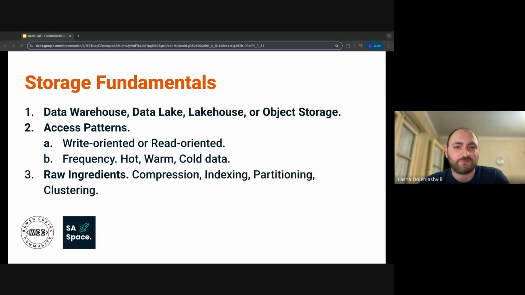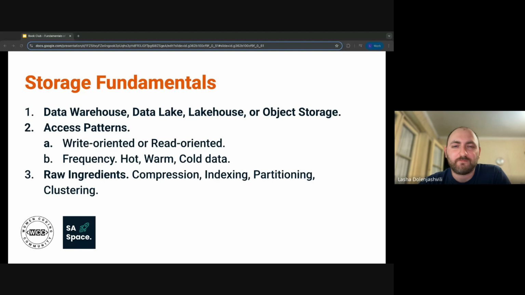It is accessed less often and can sit on standard storage, cheaper than the hot data. And of course, we have cold data, which is used mainly for archival and compliance purposes. So it can go on very cheap, slow storage, like the AWS service Glacier. So cold data is accessed once a year or even more rarely.